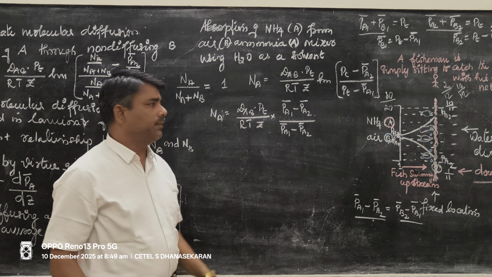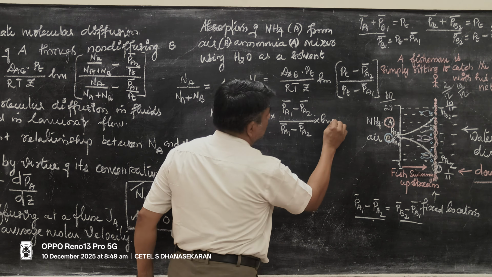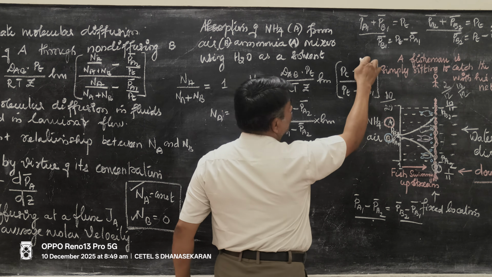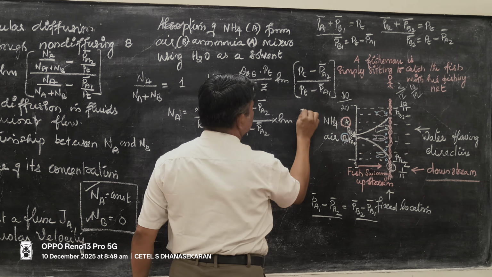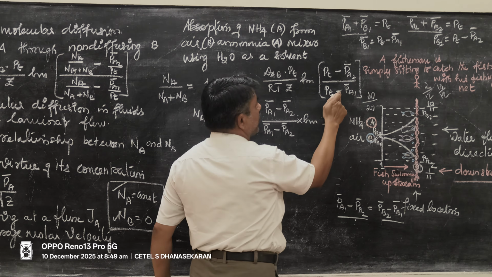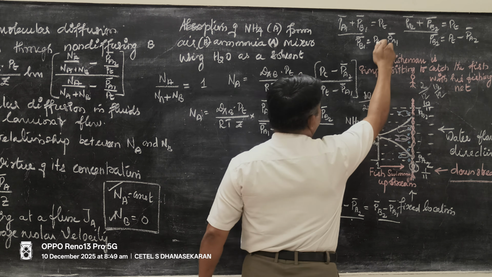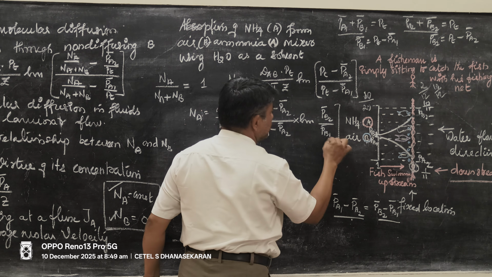There is no change in the value. This is for simplification of this equation. Again, ln PT minus PA2 bar. PT minus PA2 bar is equal to PB2 bar. Similarly, PT minus PA1 bar. PT minus PA1 bar is equal to PB1 bar.